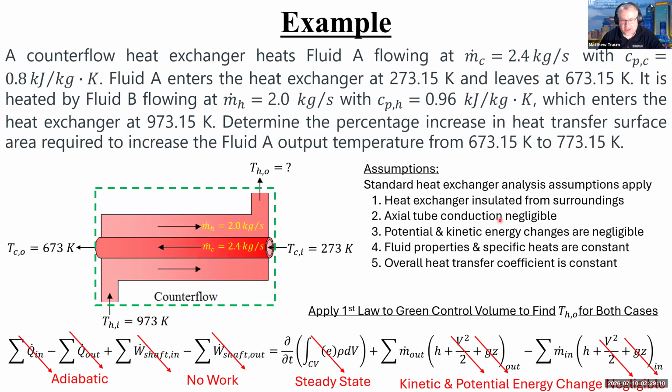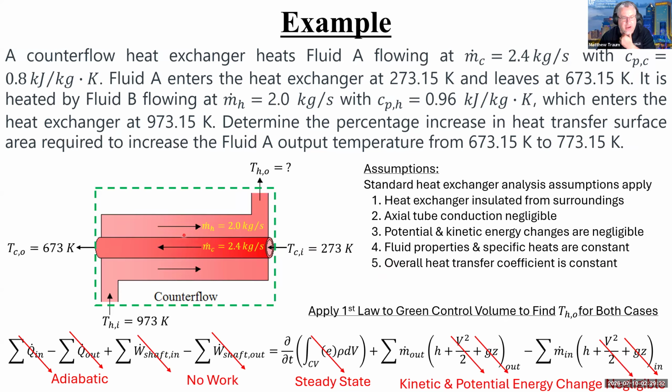Axial tube conduction is negligible. Remember, we talked about that. You don't have any heat transfer in the axial direction along the metal of the tube. The potential and kinetic energy changes are small. Fluid properties and specific heats remain constant. You kind of need that, or you can't solve a lot of these problems. And then the overall heat transfer coefficient is constant.